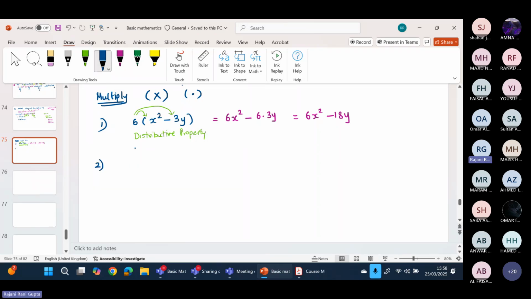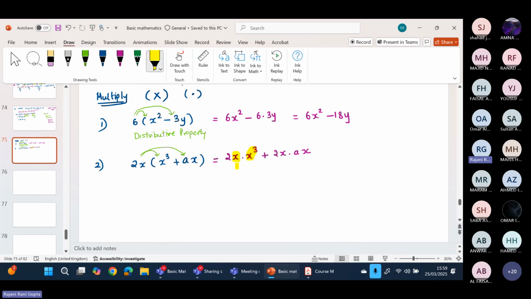Second time, like you may have 2x here, and here you may have x cube plus ax. Again, you are going to use distributive property. Same property. Okay. So this gives you 2x times x power 3 plus 2x times ax. So here what you have to do is you see this x term and this x term.